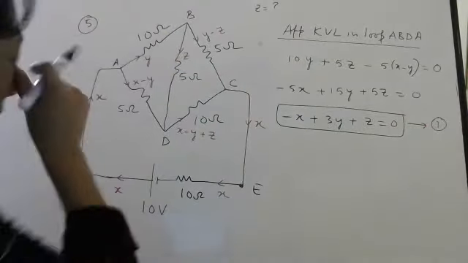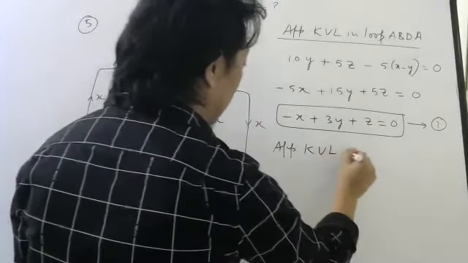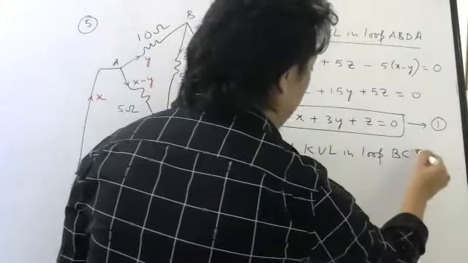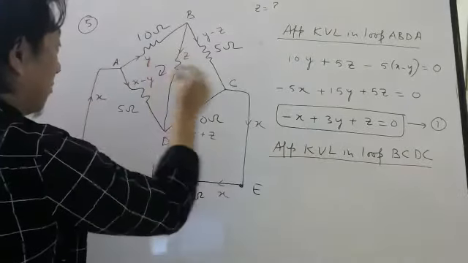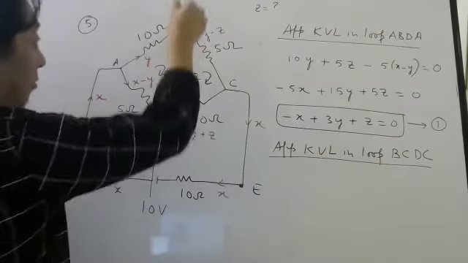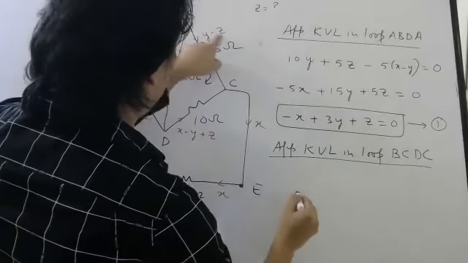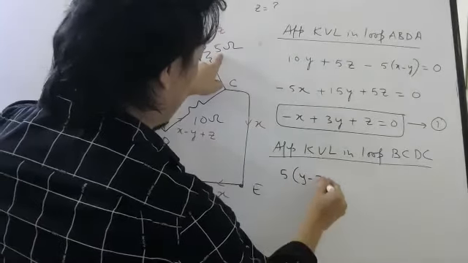Now apply KVL in loop B, C, D, B. Like this I move all the time. So B to C, drop. Drop means positive. Current is Y minus Z. Resistance is 5. So 5 into (Y minus Z).